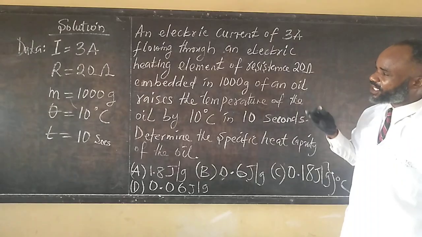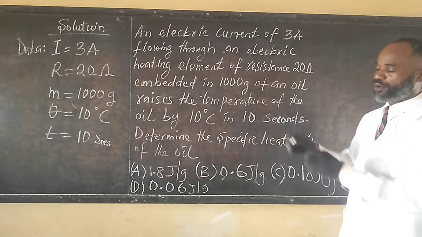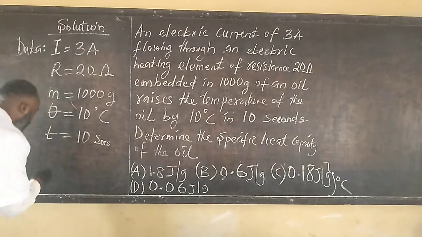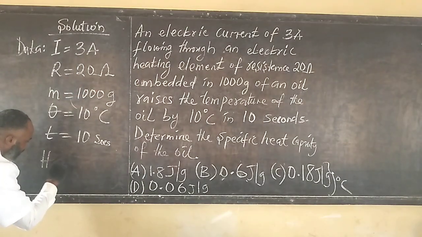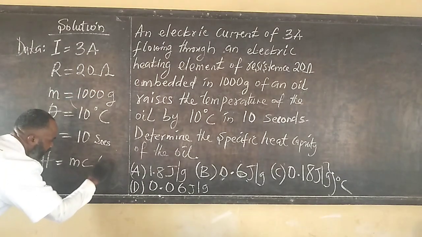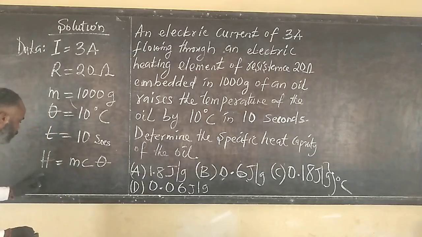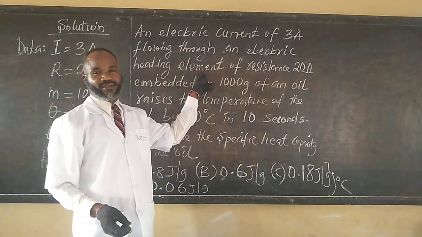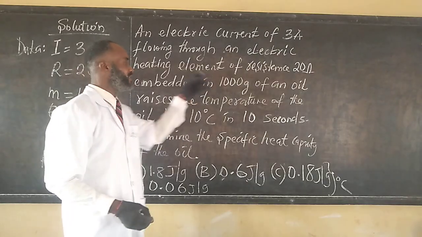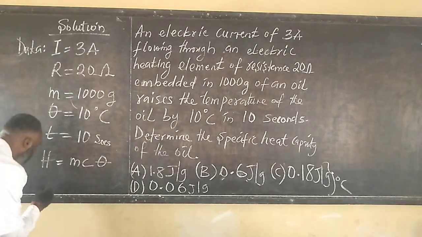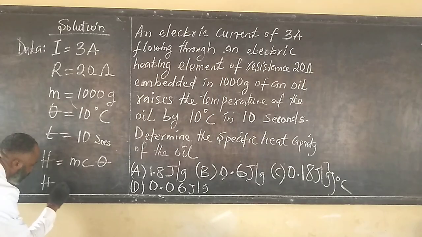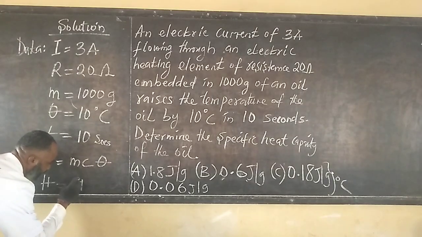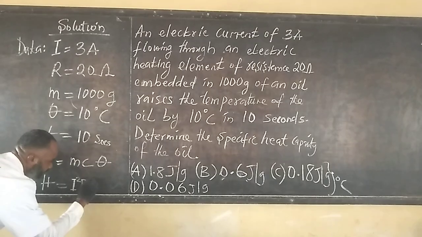The next thing is what formula is most appropriate for this? We recall that the heat is given as mc theta. Good. Since it is coming from an electric heating element, our heat now becomes, heat is equal to I squared RT.